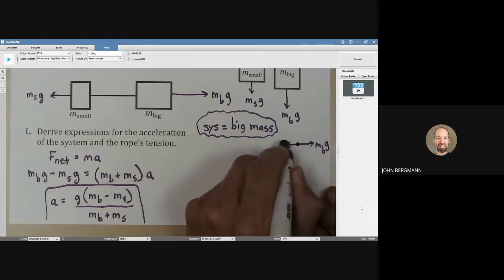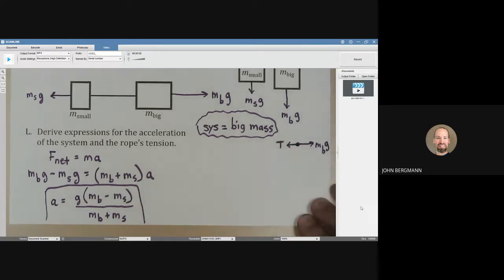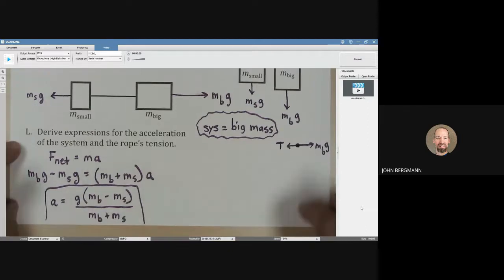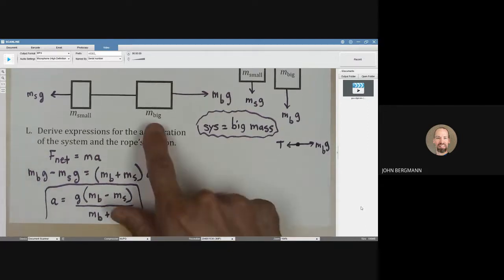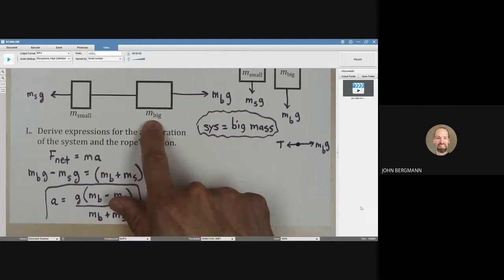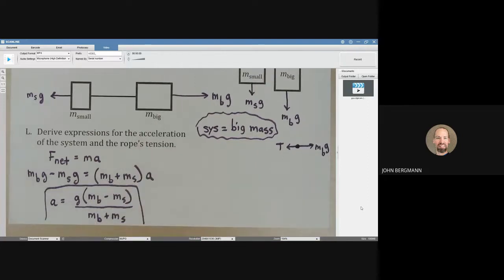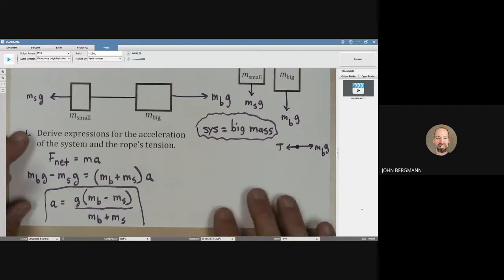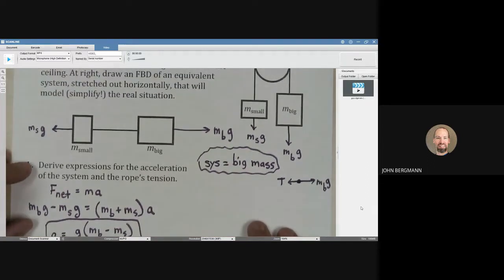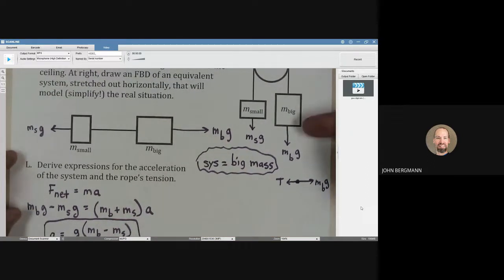I'm going to draw that tension vector shorter than mbg because we know that this big mass is accelerating in a particular direction. You can tell by the original picture. Isn't it clear that mbg has to be bigger than tension? You see, if tension were bigger, mb would be accelerating up, and that's not the case.